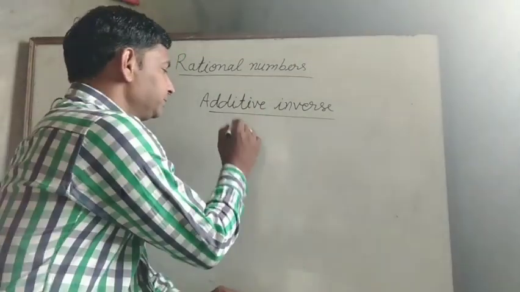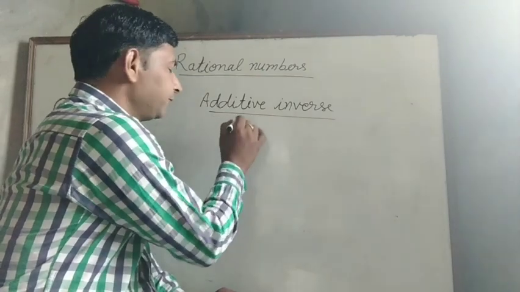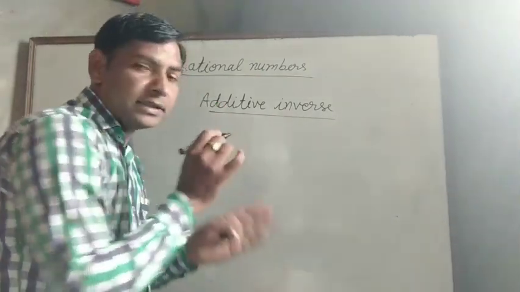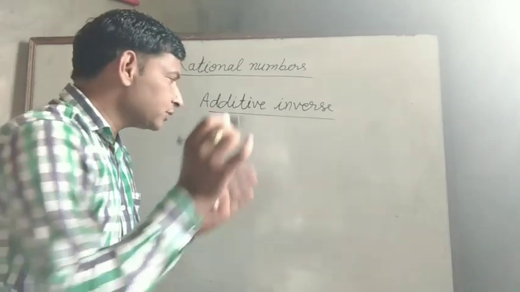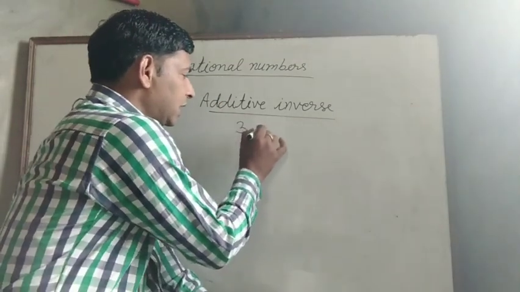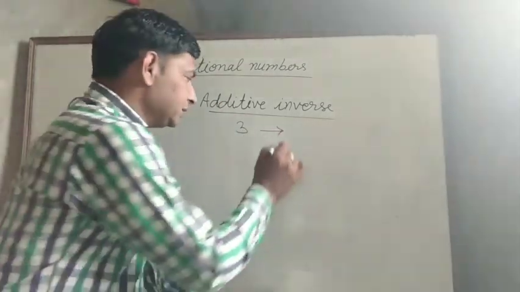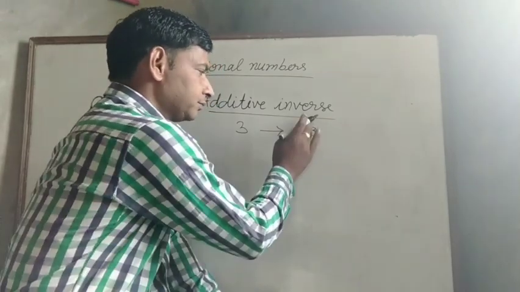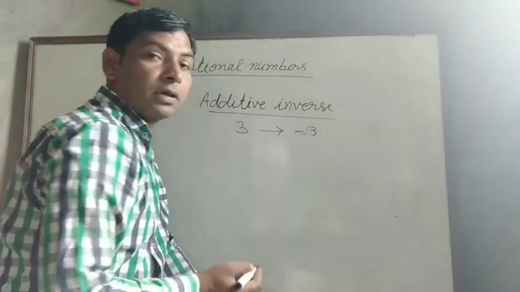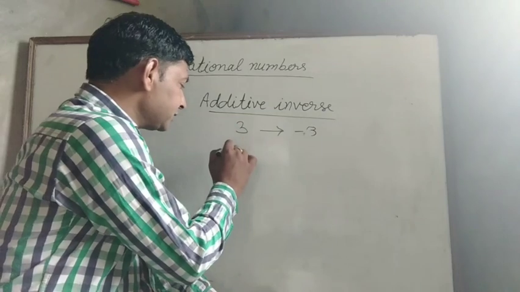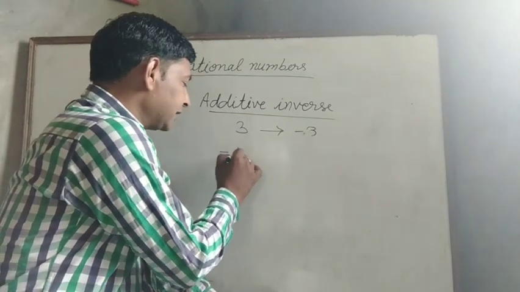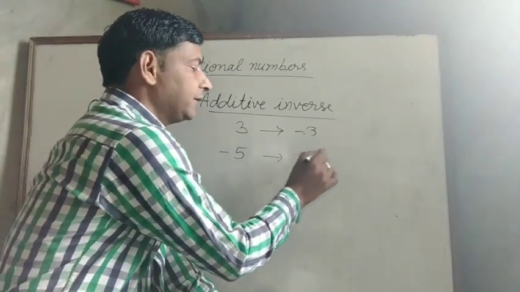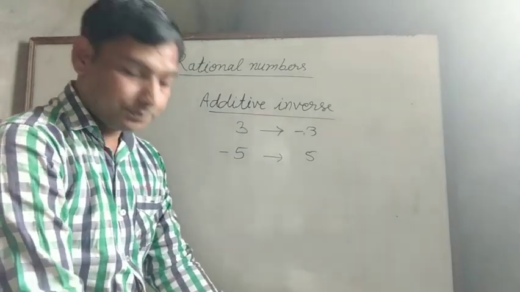Such as, if we want to get the additive inverse of 3, the additive inverse of 3 is minus 3. The additive inverse of minus 5 is 5. Simply.